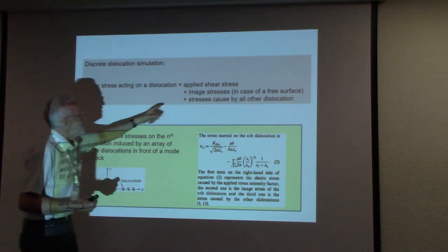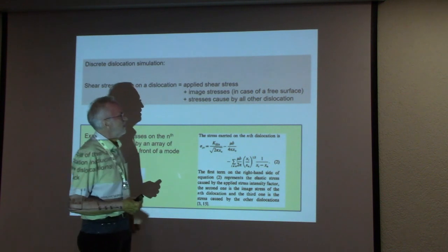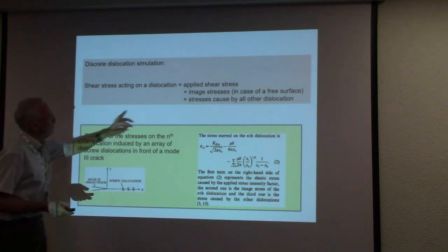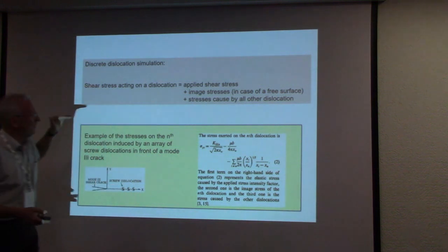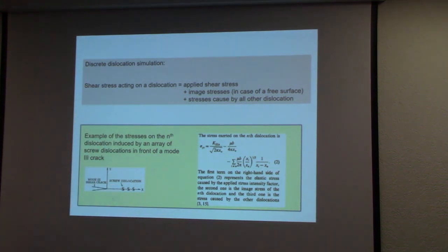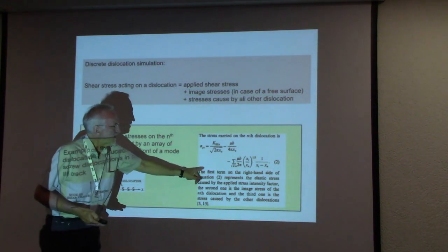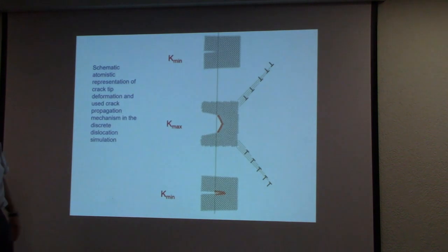But it is easy: if a free surface is there, you can take it into account by image stresses. And if this stress is larger than a critical one, then a dislocation moves. Here this is for a mode 3 or mode 2 crack. The equations which you use are not very difficult.